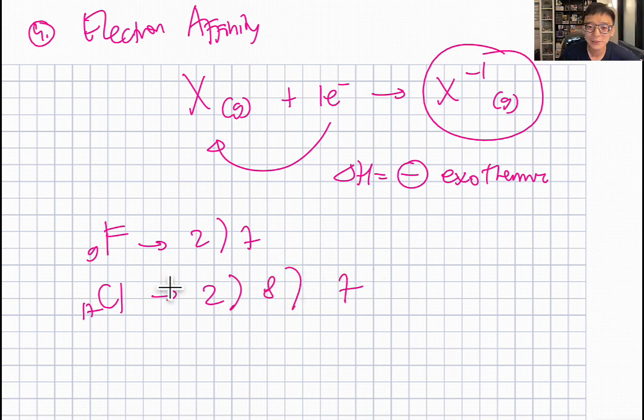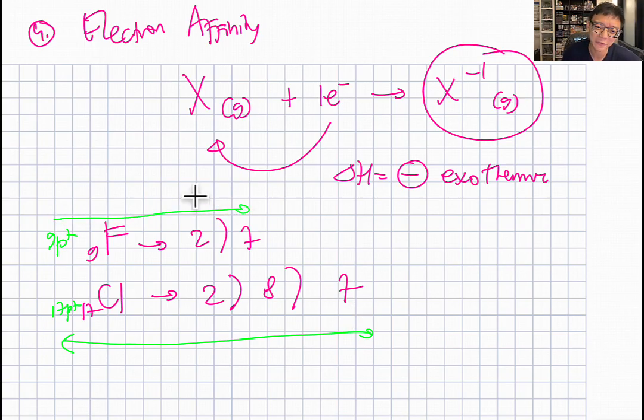Okay, so we know that the police station, the protons, the 9 protons and 17 protons, is here. Just judging from the shells, Cl has more shells, so it has a larger atomic radius compared to F, which has a smaller atomic radius.